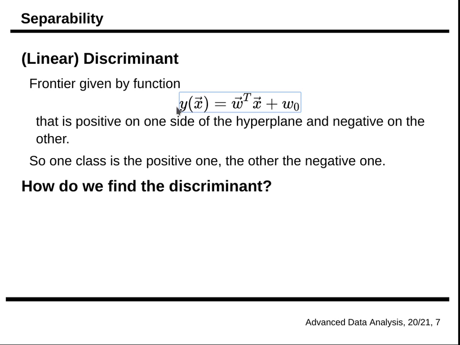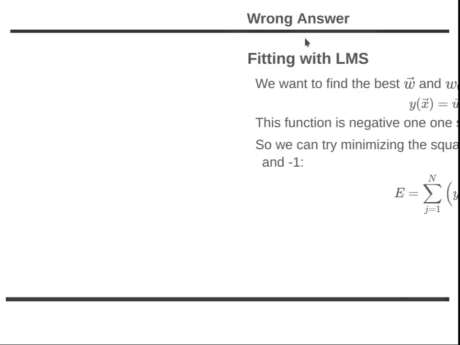This is the function that is 0 at the discriminant, positive on one side and negative on the other. This way we can distinguish between the different regions. But now the question is, how do we find these parameters, the w vector and w0, to determine where we put the discriminant?